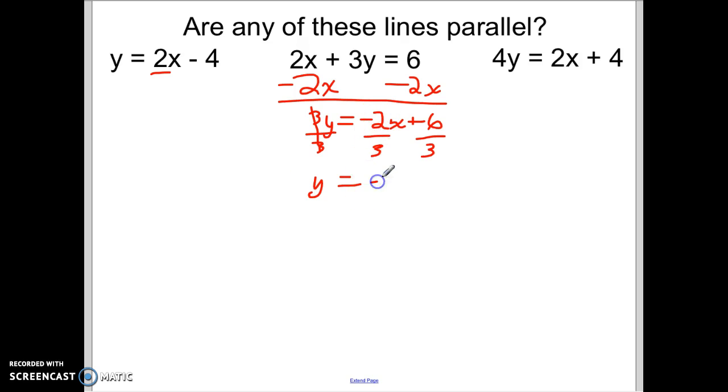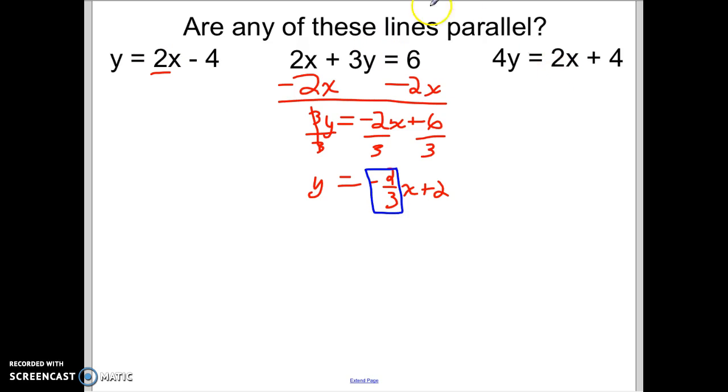The x comes down with the 2, and now I have 6 divided by 3, which is +2. So my equation is y equals 2/3 x plus 2, and my slope is the coefficient of x when it's in slope-intercept form, so my slope is 2/3. These two are not parallel because they don't have the same slope.